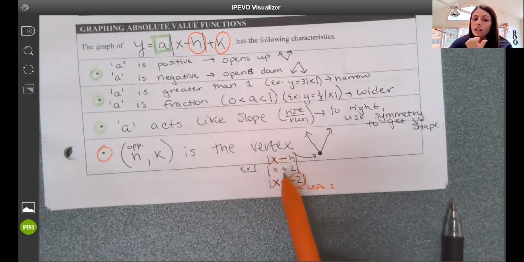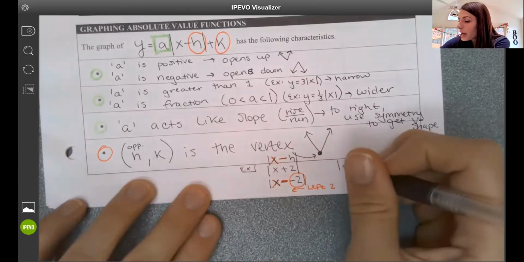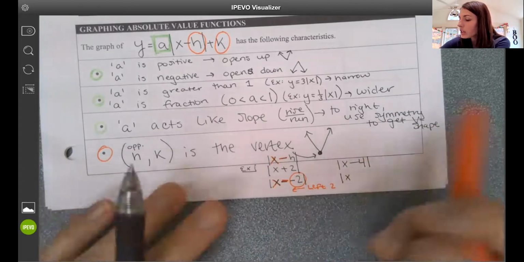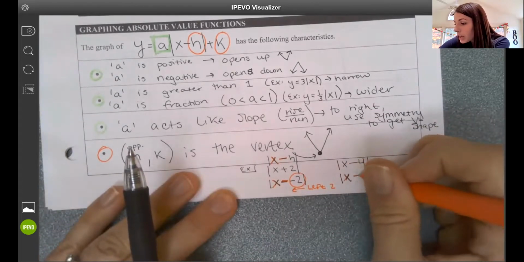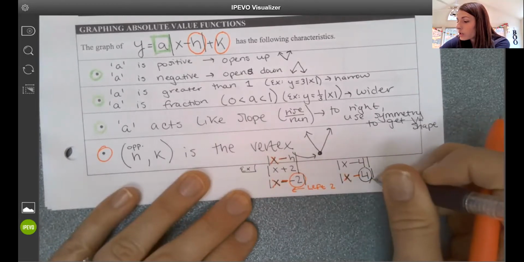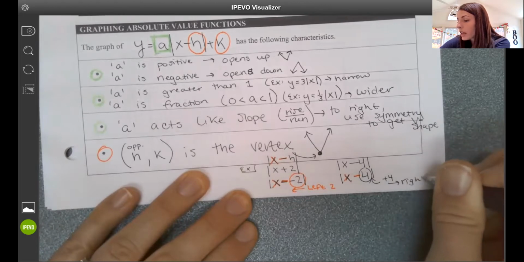When I add 2, that's subtracting negative 2. I'm going negative 2 to the left. If it was just, for example, X minus 4, that's still keeping X minus, and then I have 4, so it's positive 4 to the right that I would move.